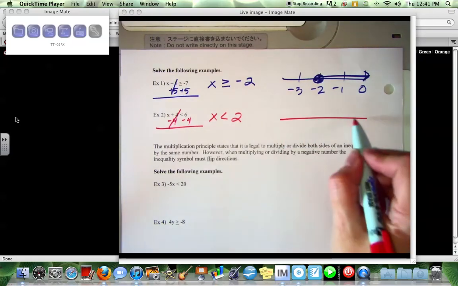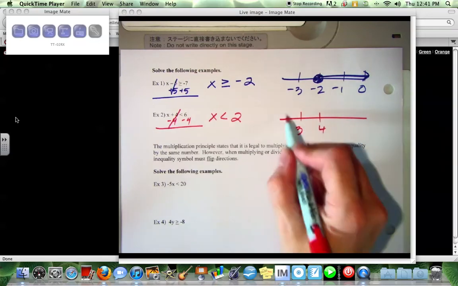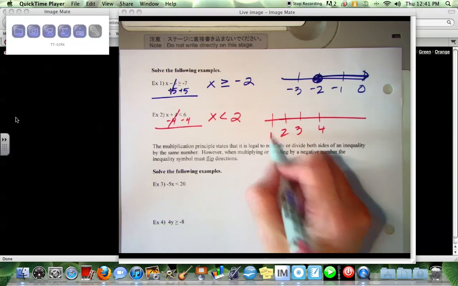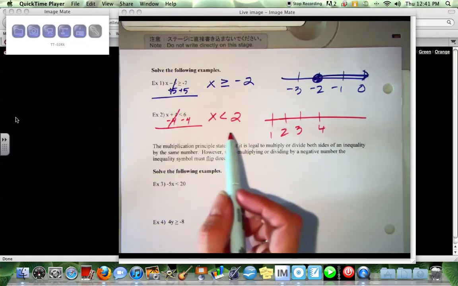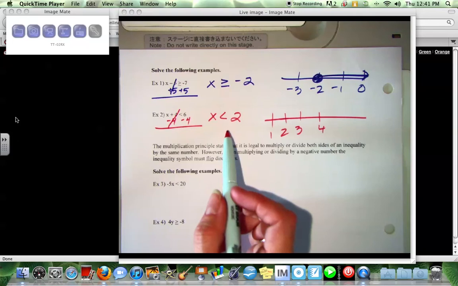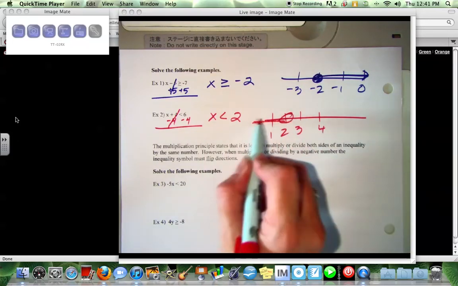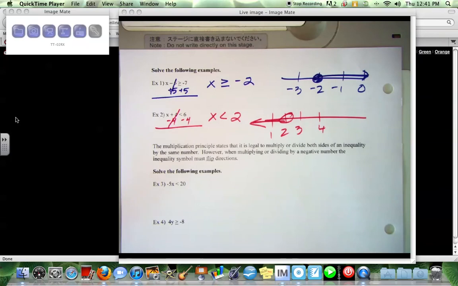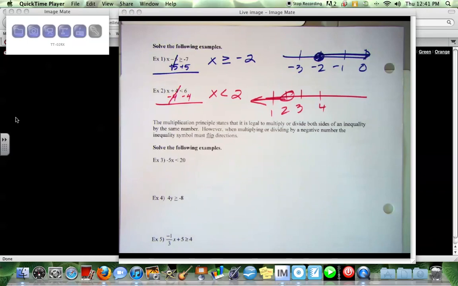So if we were to graph this, we have 3, 2, 1. The solution to this problem is x is less than 2. So here's 2, and we can choose any number that's less than 2, and it makes this statement true. No, we're not going to do the number line today.